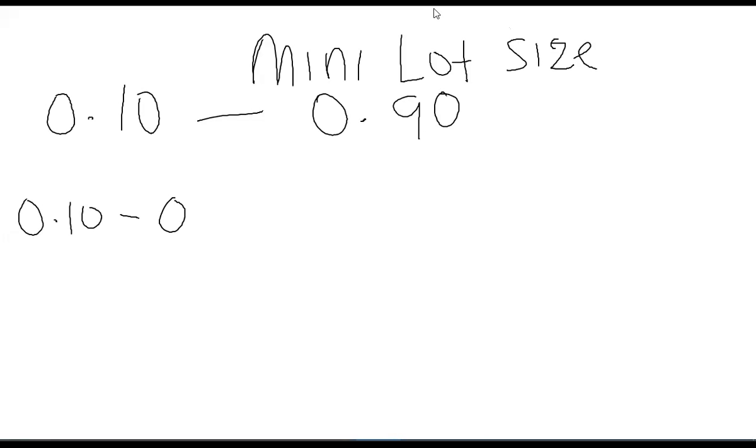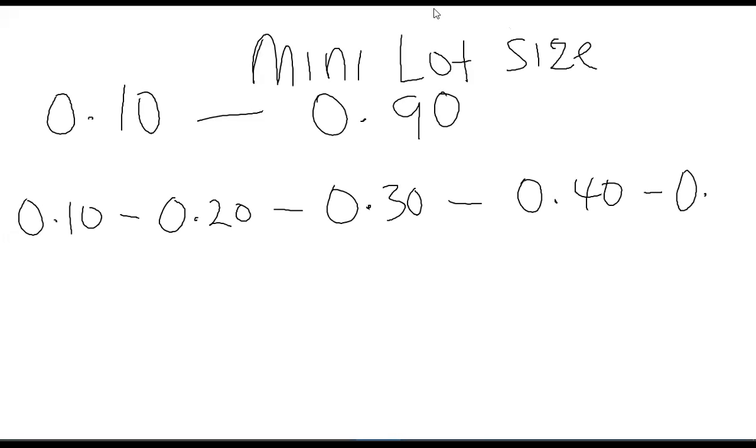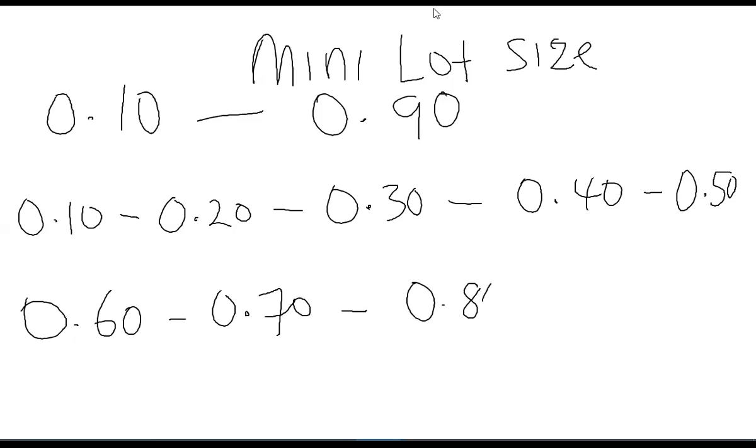We have 0.20, we have 0.30, we have 0.40, we have 0.50, we have 0.60, we have 0.70, we have 0.80, and we have now 0.90. Now, this is all what?